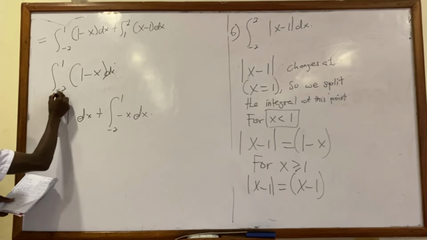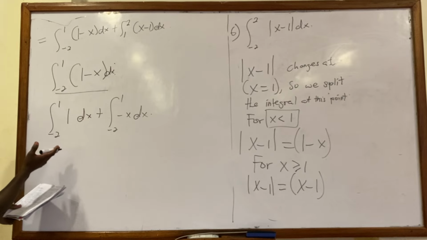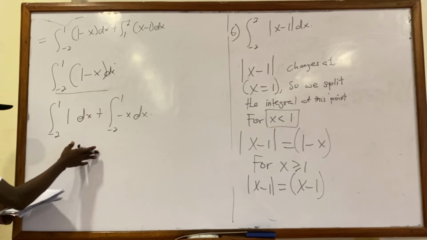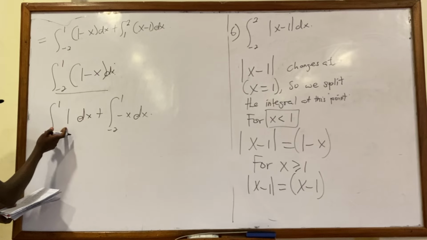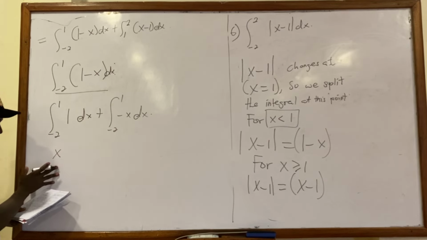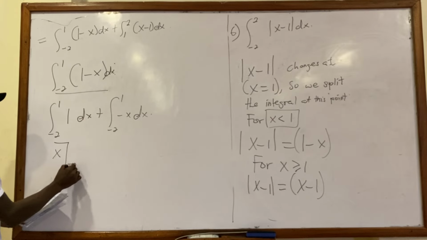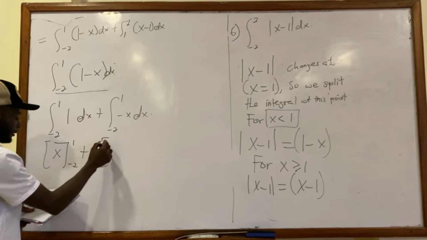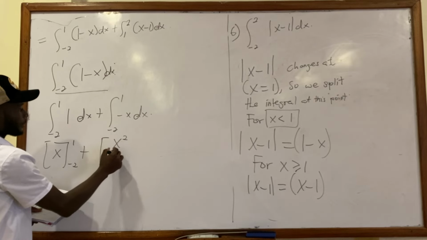This particular function has been split into two for easier workings. When you do this very well, you are going to have the integral of 1 with respect to x is x. So we have x from negative 2 to 1, plus x squared over 2.